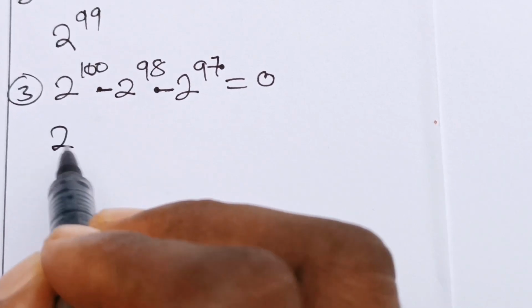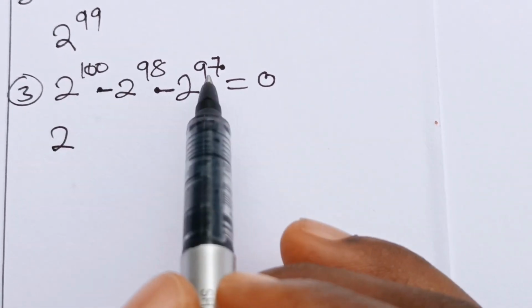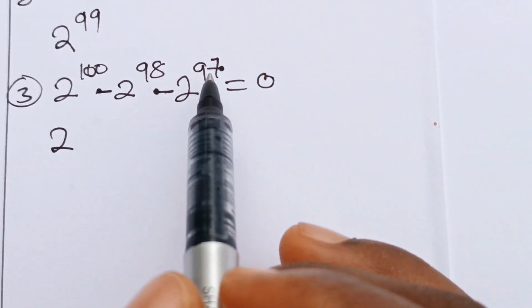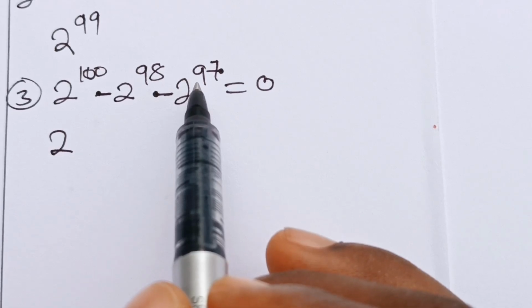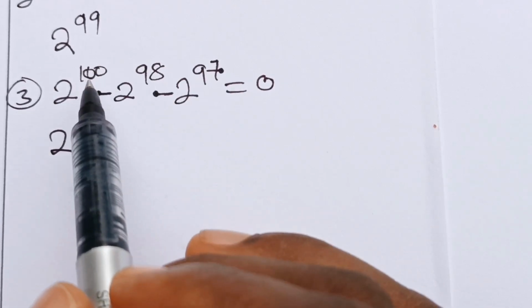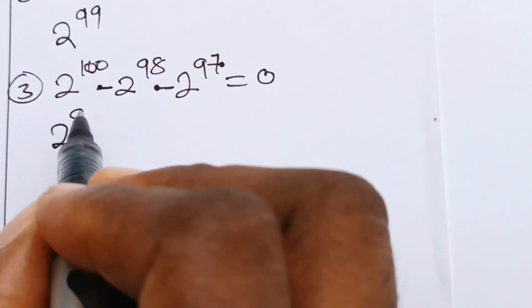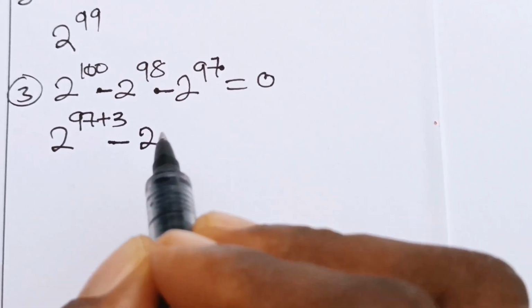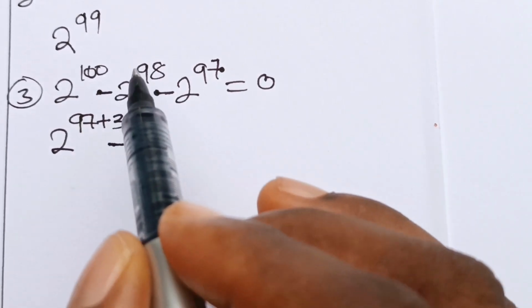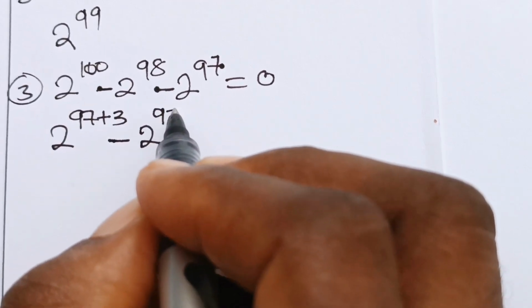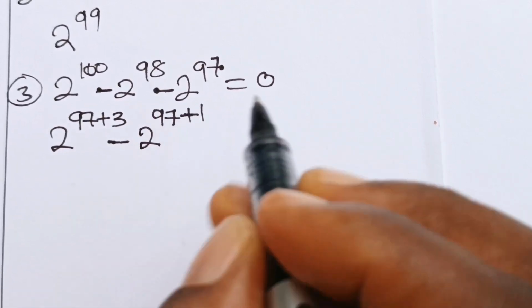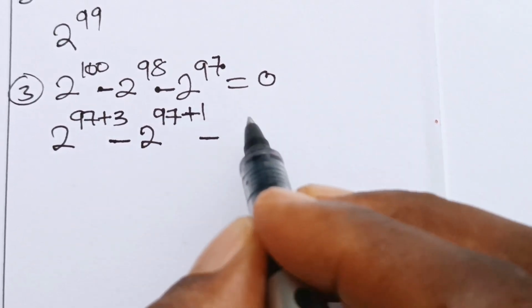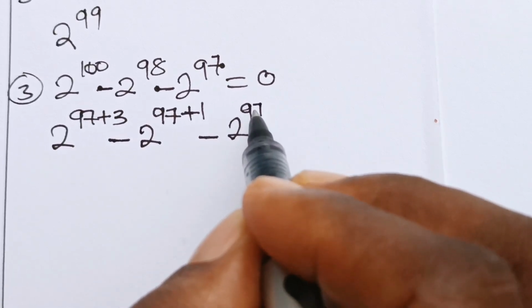So we have 2 to the power of, now 100 minus 97 will give us 3, so 97 plus 3 will give us 100. So we have 2 to the power of 97 plus 3, minus 2 to the power of, now 98 is the same thing as 97 plus 1, minus 2 to the power of 97.